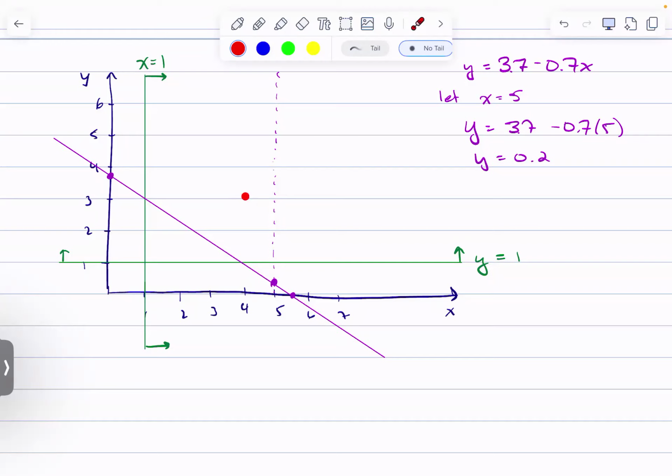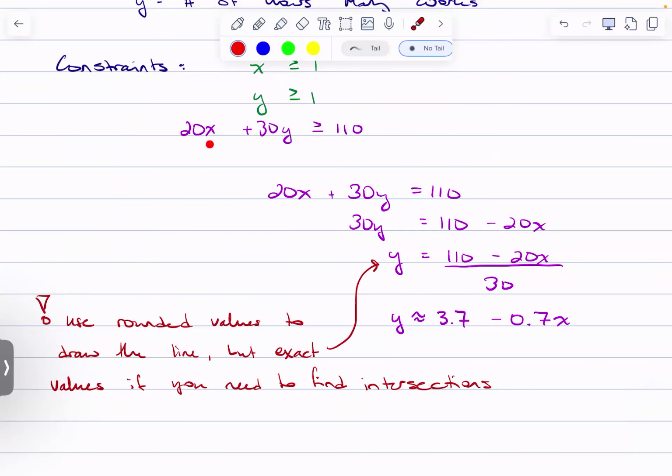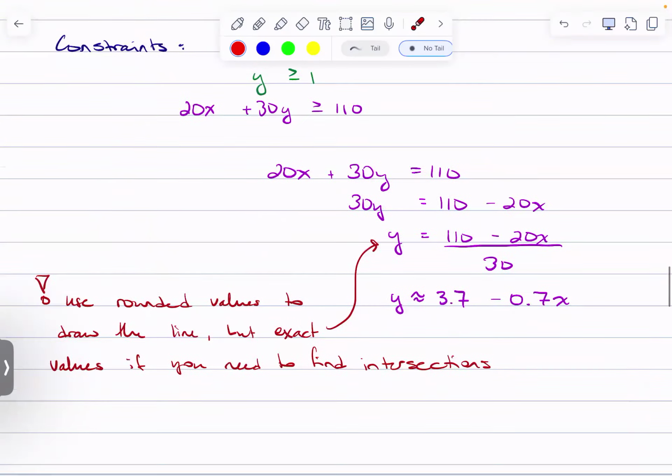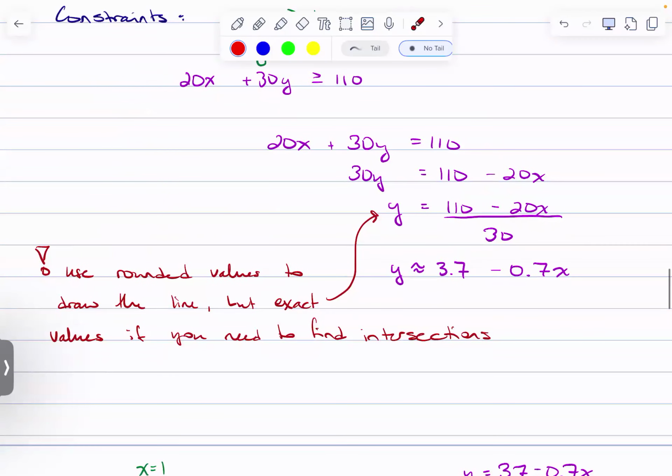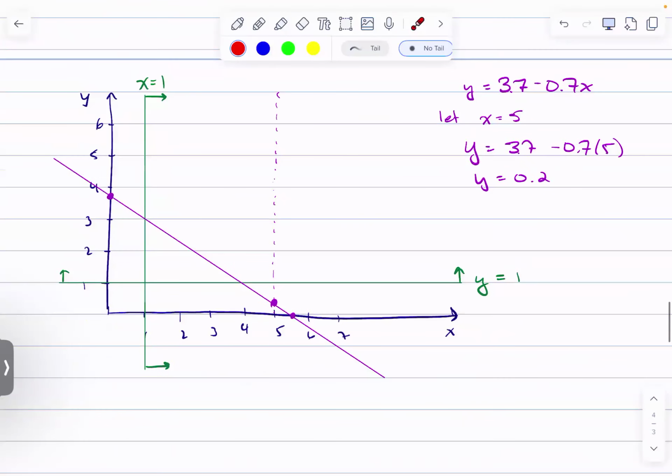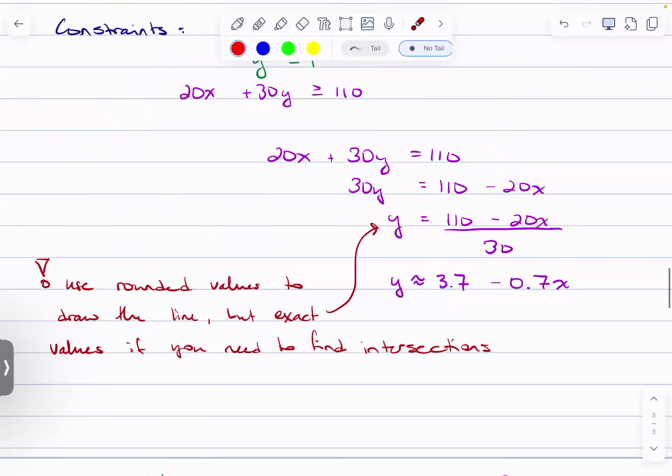So when x is 4, let's use this one. When x is 4, I get 80 plus, and I can't remember, 80 plus, what did I say? 3. 30 plus 90 is 170, which is greater than or equal to 10.